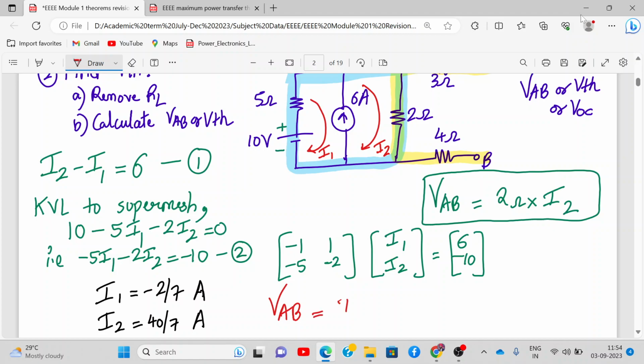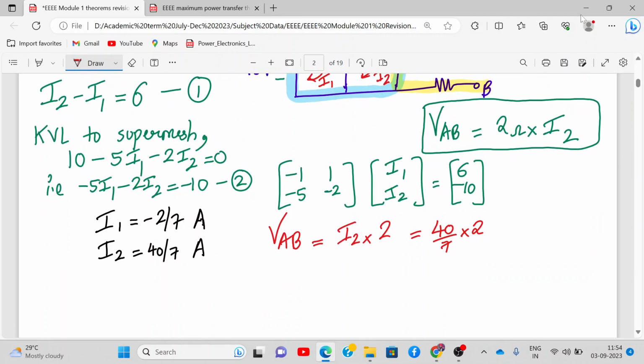So VAB is I2 times 2 amperes. So what is this thing? 40 by 7 into 2. So how much is that in fraction? Basically we are getting 80 by 7.